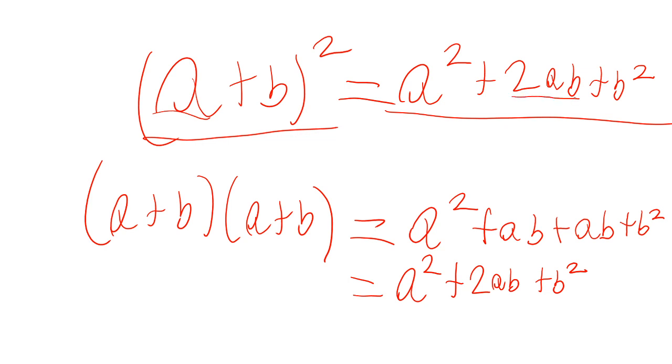Well, the product of the terms in the binomial is ab. We multiplied that product by 2, so 2ab, and we just squared the last term. But is this true for every single product of binomials? Well, we're going to have to find out. Let's place some values in a and b.